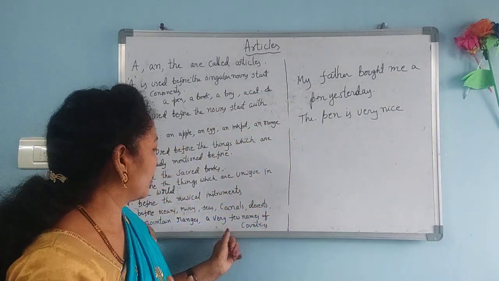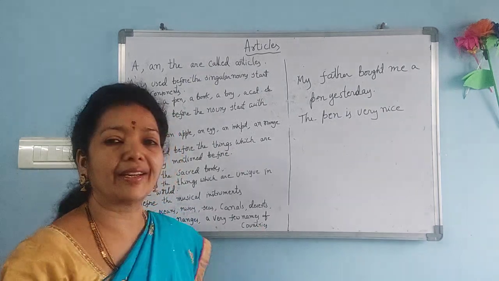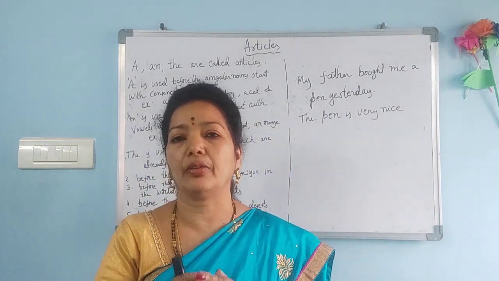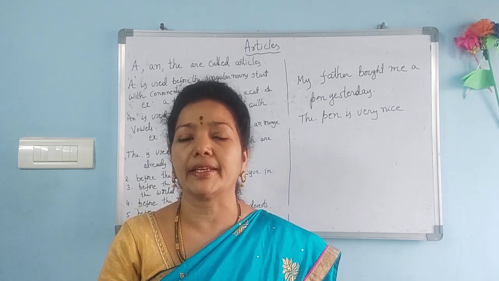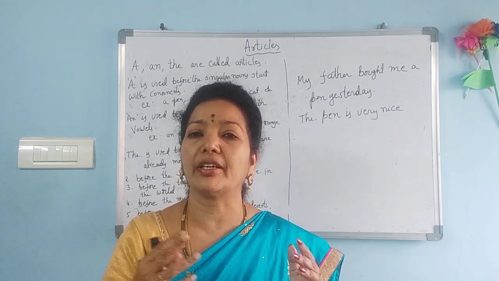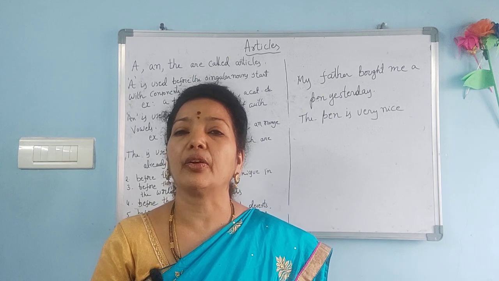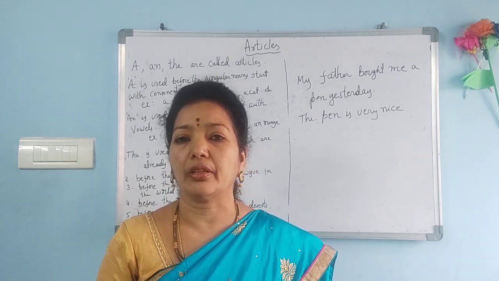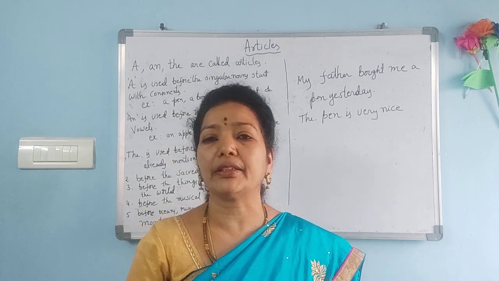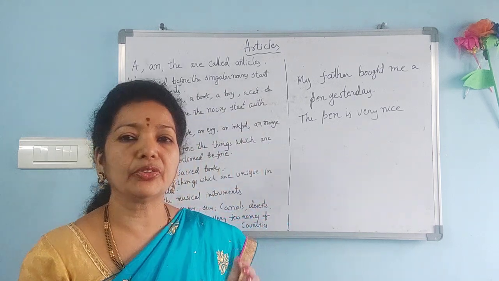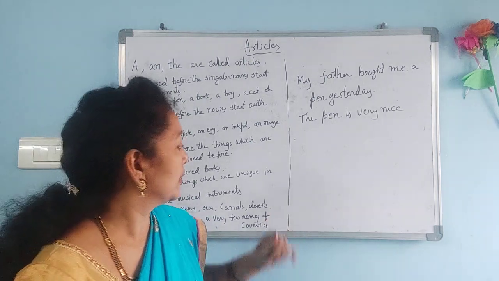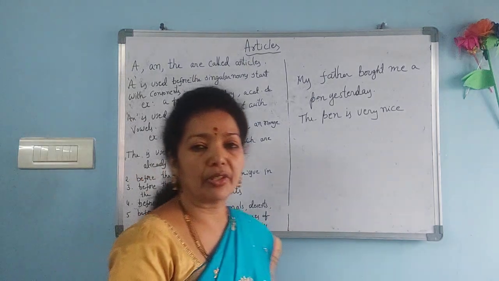There are also names of countries, but they are particular countries: the USA, the United States of America, the United Kingdom, the Soviet Union. Like that, we use the before some particular countries. So I think children, you understand this.